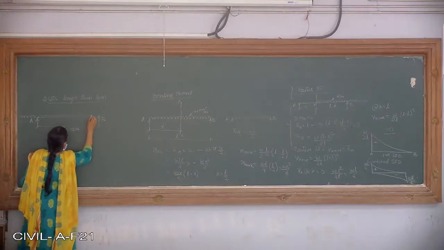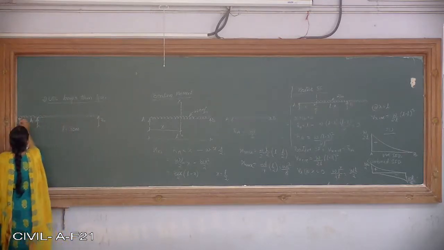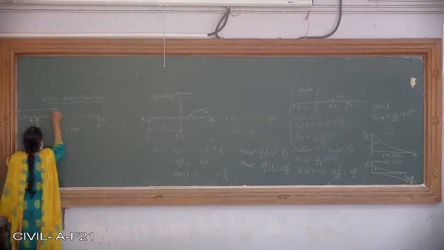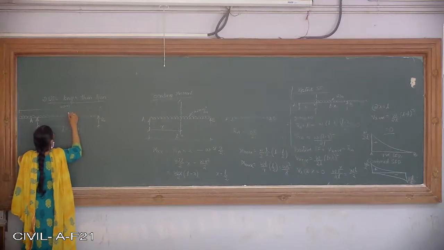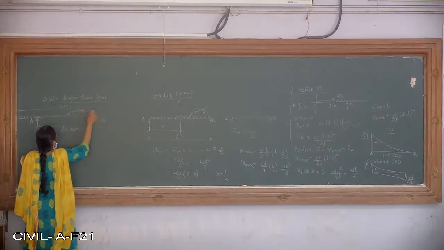The length of the UDL is 40 meters, and the load is 1.5 kilonewton per meter.